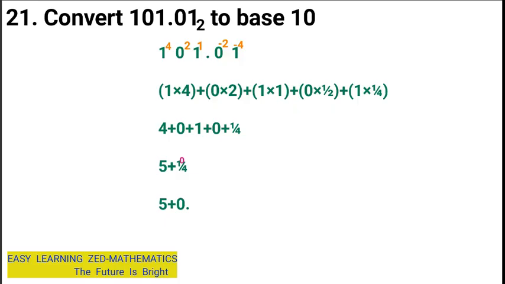So as you can see, I've got 5 plus 0 point. I've put the decimal point there because I've put 0 to 1, and this 0 is coming from nowhere. If there was a number where I got the 0, then I shouldn't have put a decimal point. Now since I did not have 0, I got it from nowhere, that means I need to put a decimal point to that number.